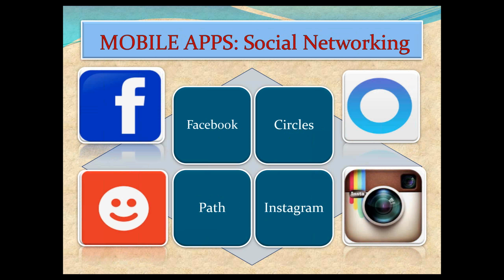And of course, one of our favorites, we cannot live without Facebook, we cannot live without Vkontakte, Odnoklassniki, we cannot live without other things. But here in the United States, we use Facebook, Snapchat, and Instagram.